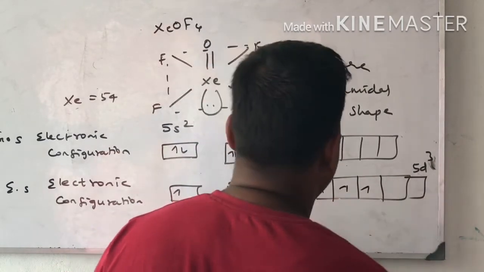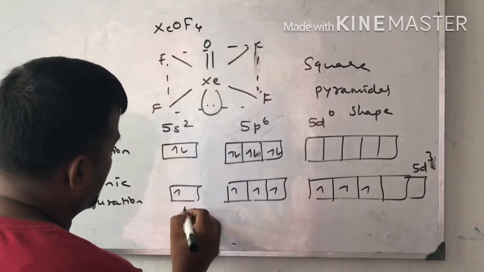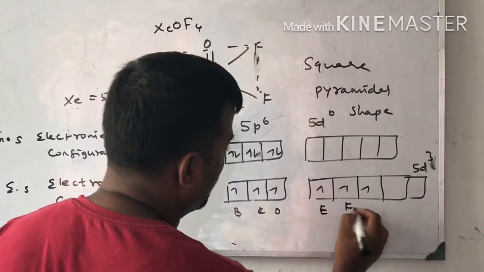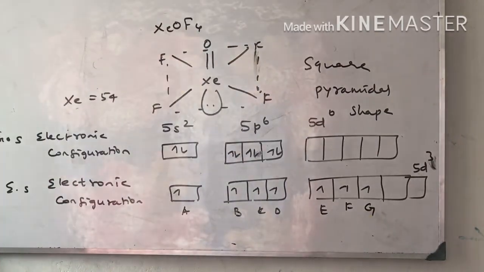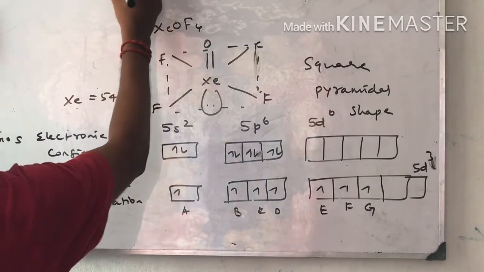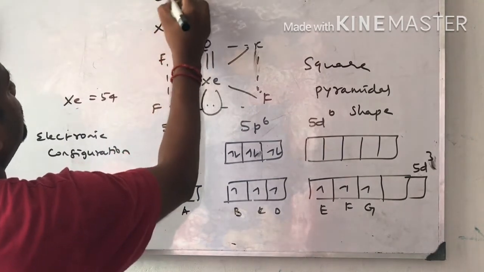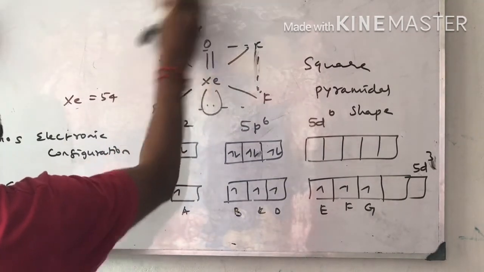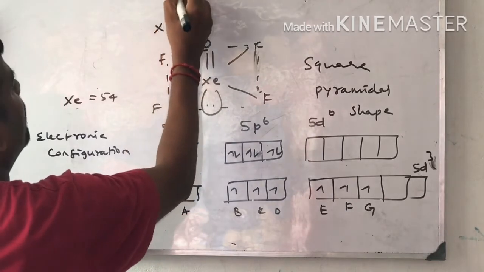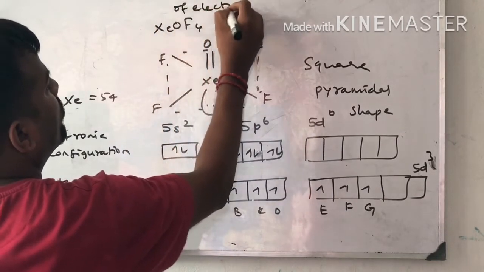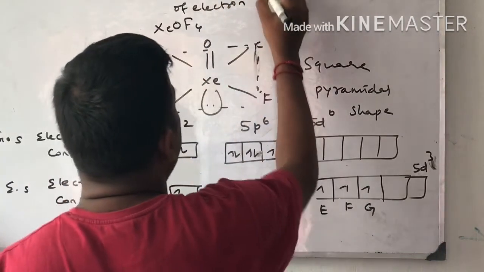Right, here these are called A, B, C, D, E, F, and G. I will tell you. A is the lone pair of electrons.